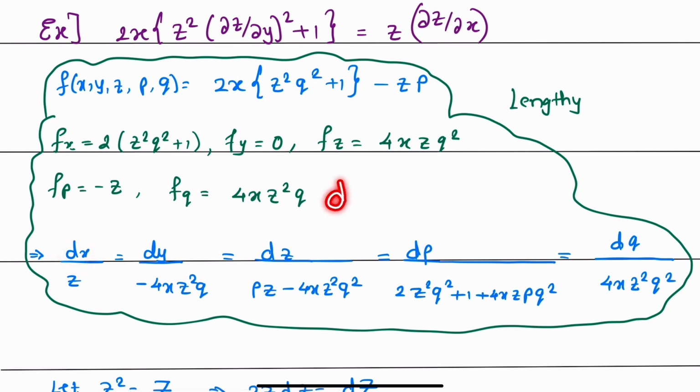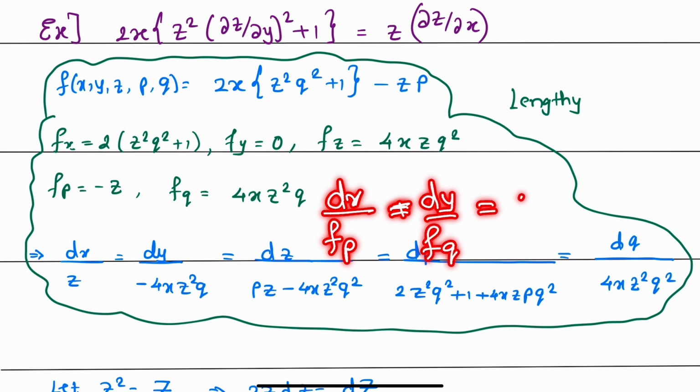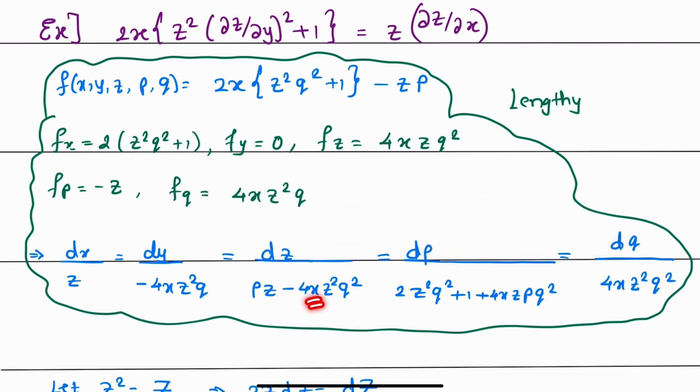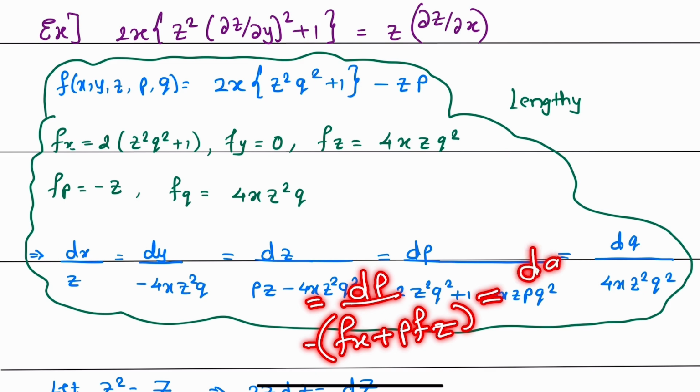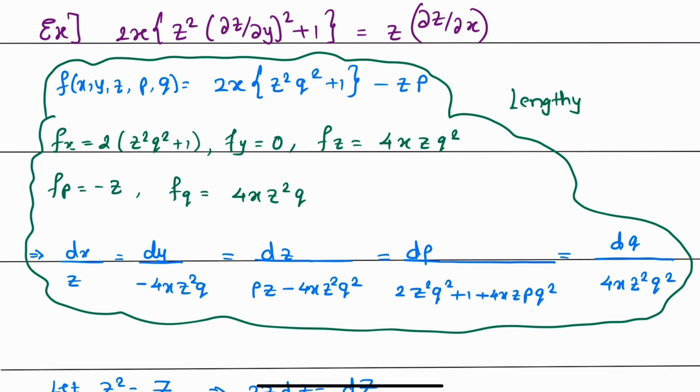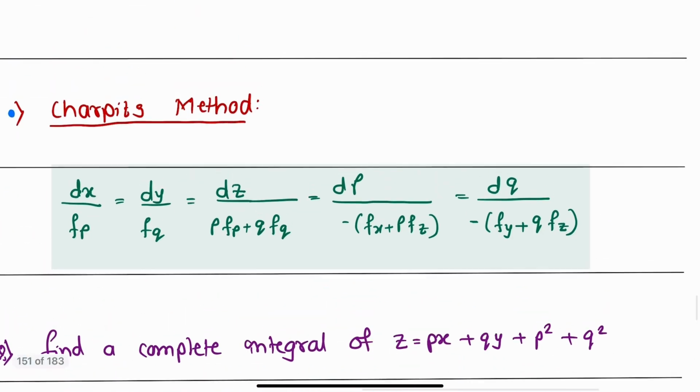It was dx upon fp equals dy upon fq equals dz upon p fp plus q fq equals dp upon minus of fx plus p fz equals dq upon minus of fy plus q fz. You may say you don't remember it, but this was it.